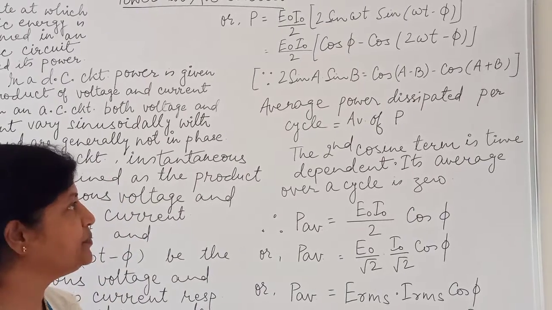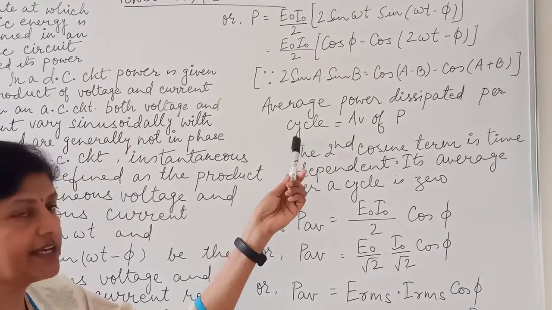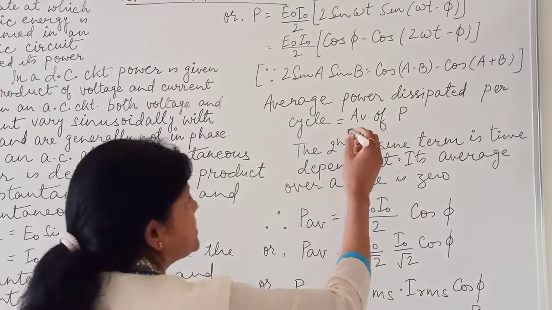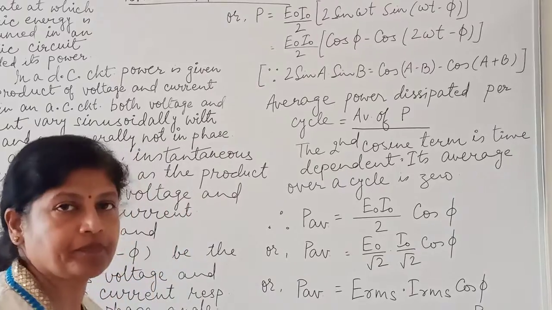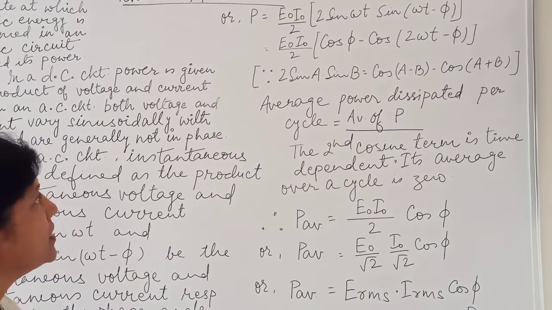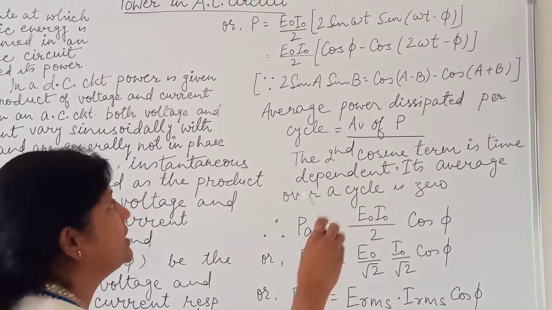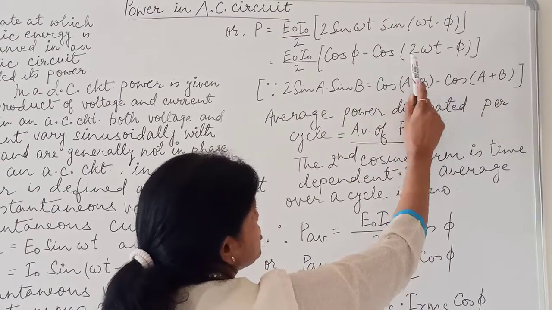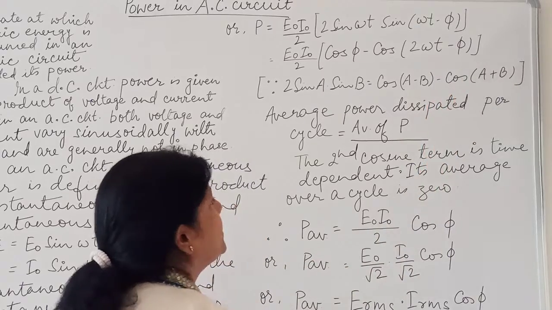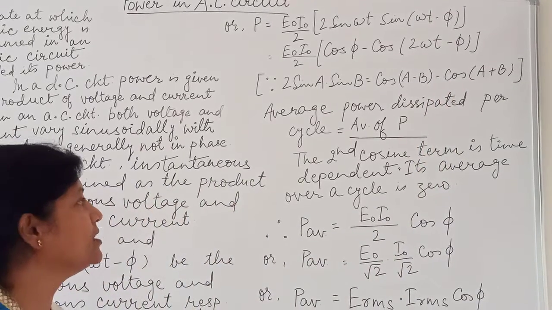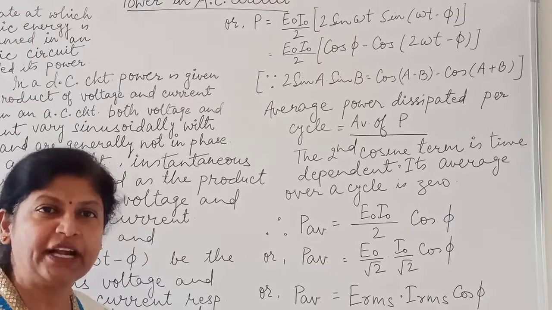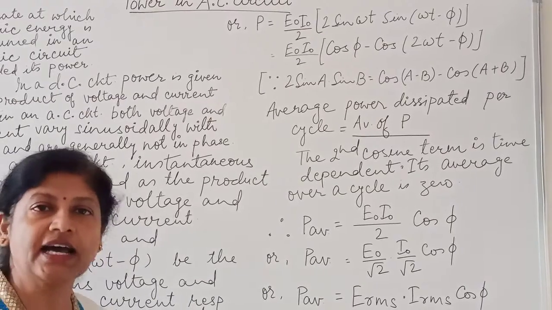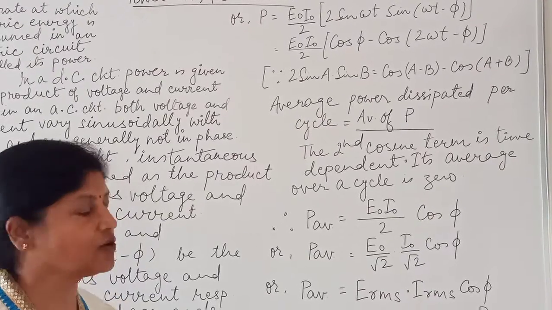Average power dissipated per cycle is equal to the average of instantaneous power. Here you see the second cosine term, cos of 2 omega t minus phi. The second cosine term is time dependent. Its average over a cycle will be 0.